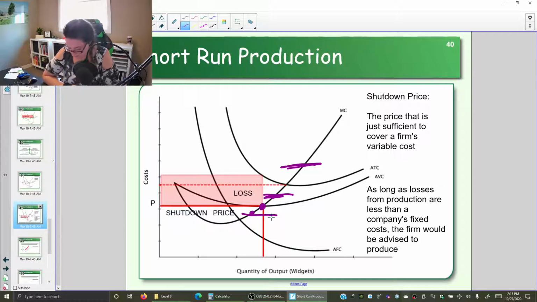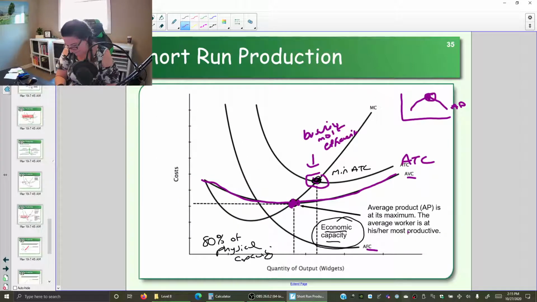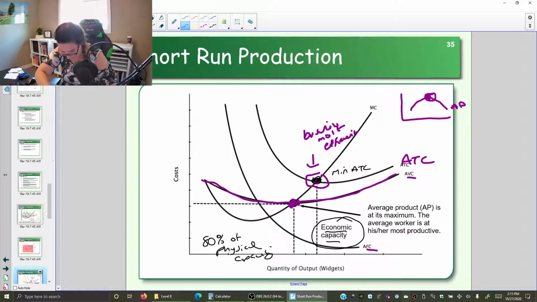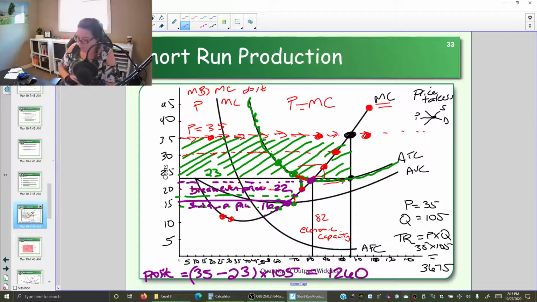The last piece we want to look at is, let's go back to our main busy, crazy graph here. I know this one's getting a little ugh. But what we know is that if the price was $35, you were willing to produce 110 units, you were making economic profit.